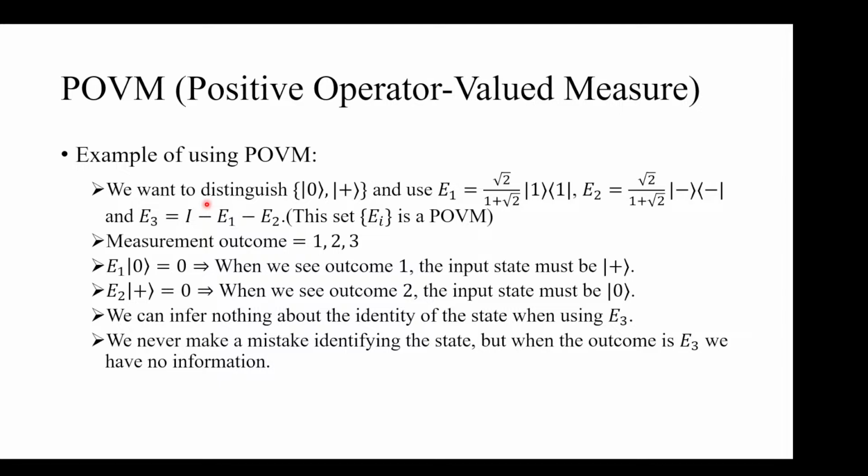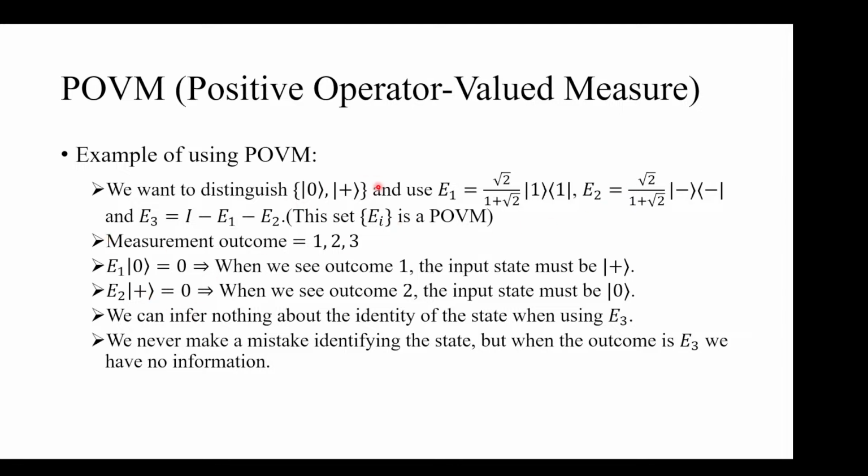In the special design we have, the first element E_1 is proportional to the projector onto the 1 state, and E_2 is proportional to the projector onto the minus state. In particular, we know that 0 cannot project onto 1, so when the input is 0, the outcome must be 2 or 3.